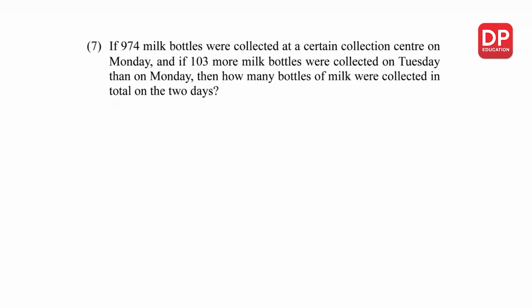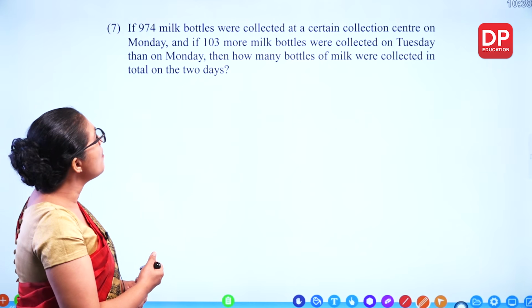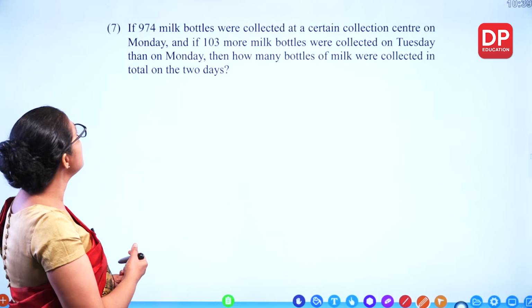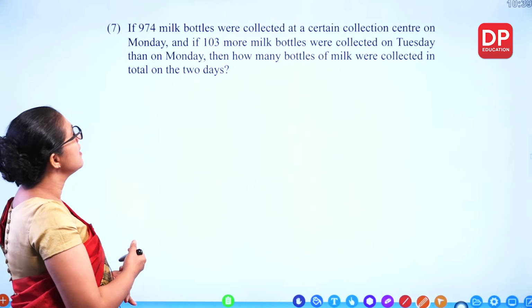Question number 7. If 974 milk bottles were collected at a certain collection center on Monday, and if 103 more milk bottles were collected on Tuesday than on Monday, then how many bottles of milk were collected in total on the 2 days?